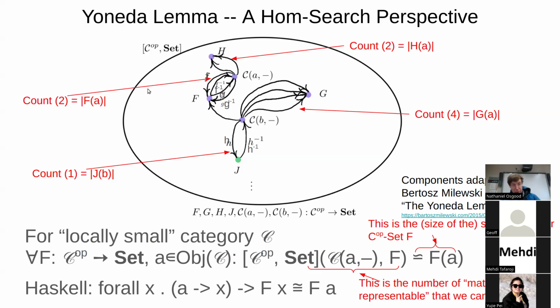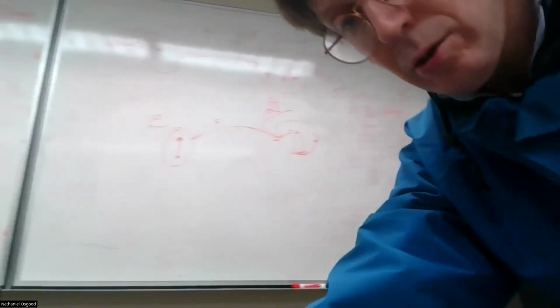Here, B was found one time in this. So here there are two of them. Here, this is found one time. This is the representable for B in C, found once in F. This is a homomorphism between one C-set and another.